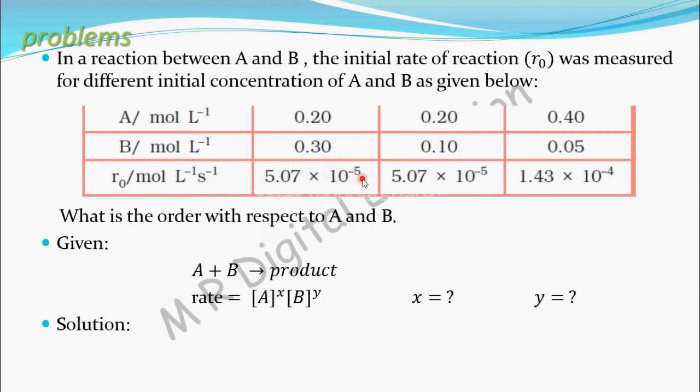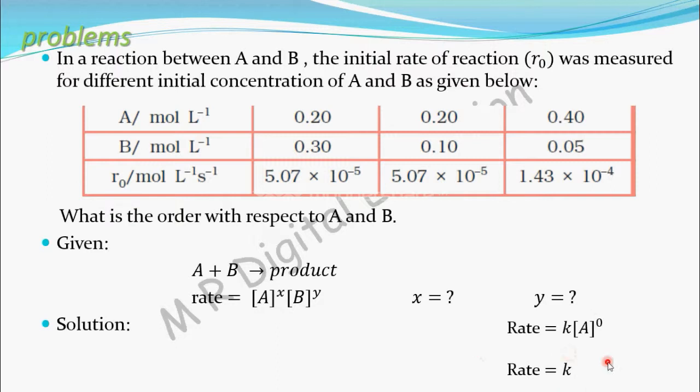See how much rate is decreasing. 5.07 into 10 to the power minus 5, 5.07. No, it is not decreasing, it remains same. Even though concentration of the reactant B is decreasing, reaction rate is remaining same. This means order with respect to B is zero order. You know that for zero order reaction, you may increase or decrease the concentration of the reactant, rate will always remain same.